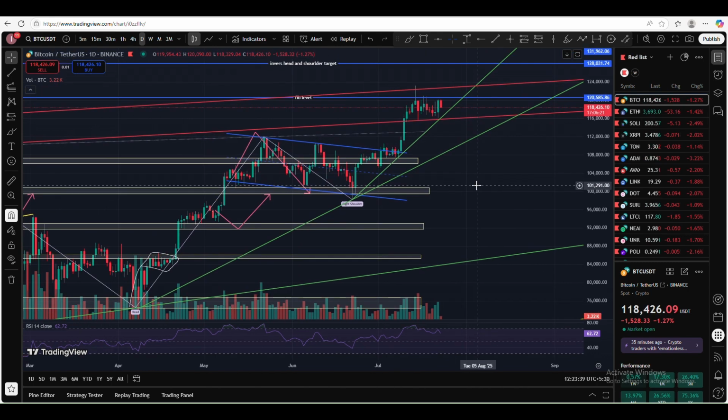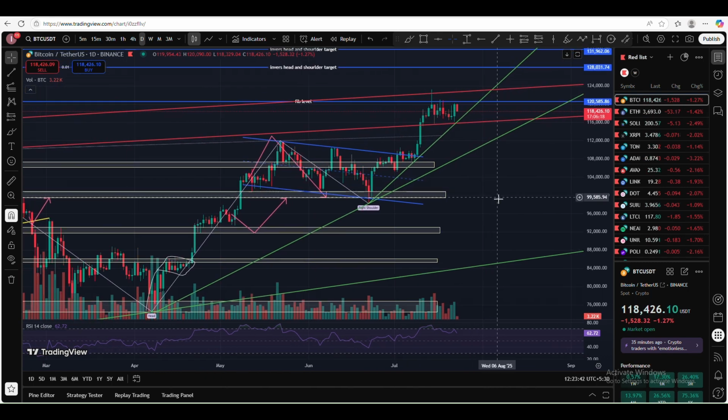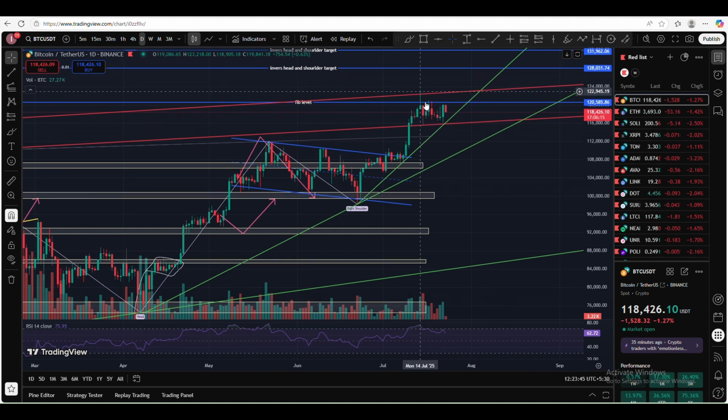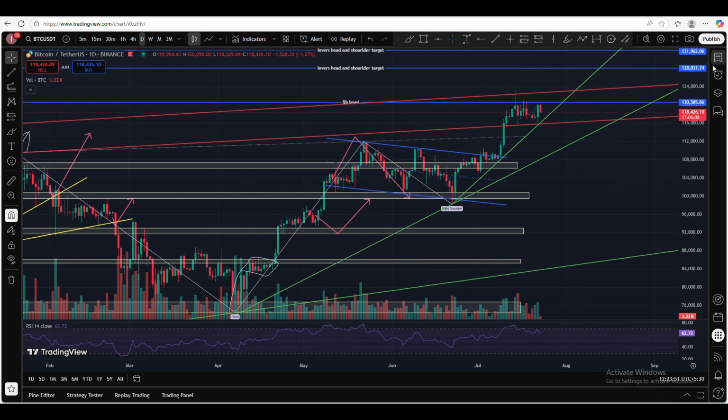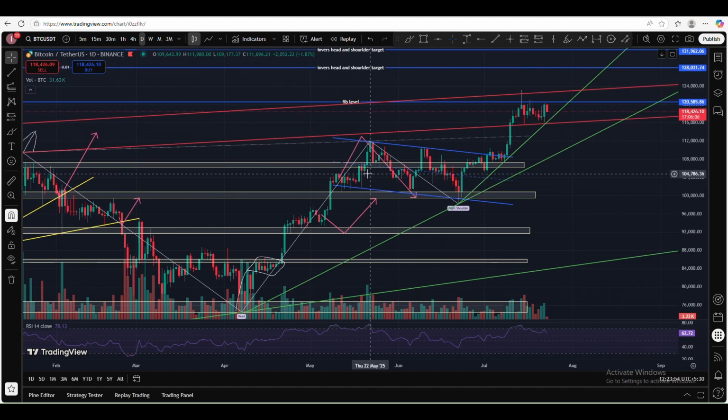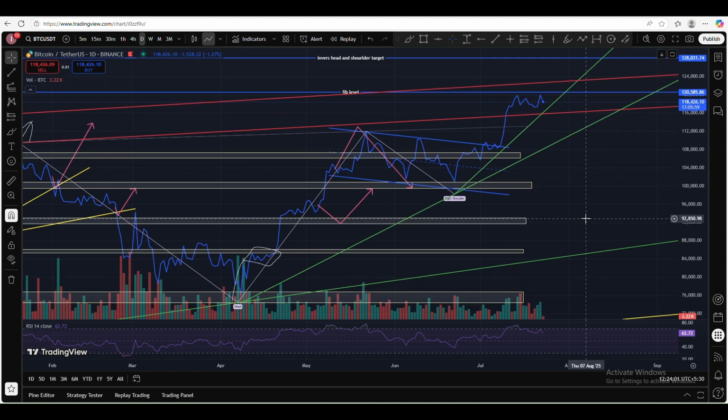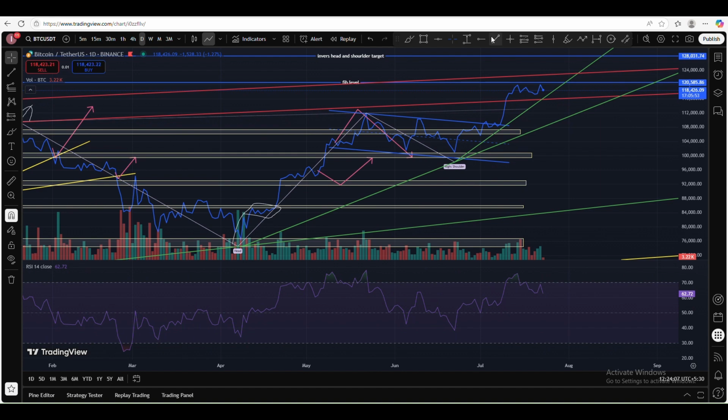That is about the BTC market update. There is a bearish divergence. A bearish divergence formed previously. See the bearish divergence from this point to this point.